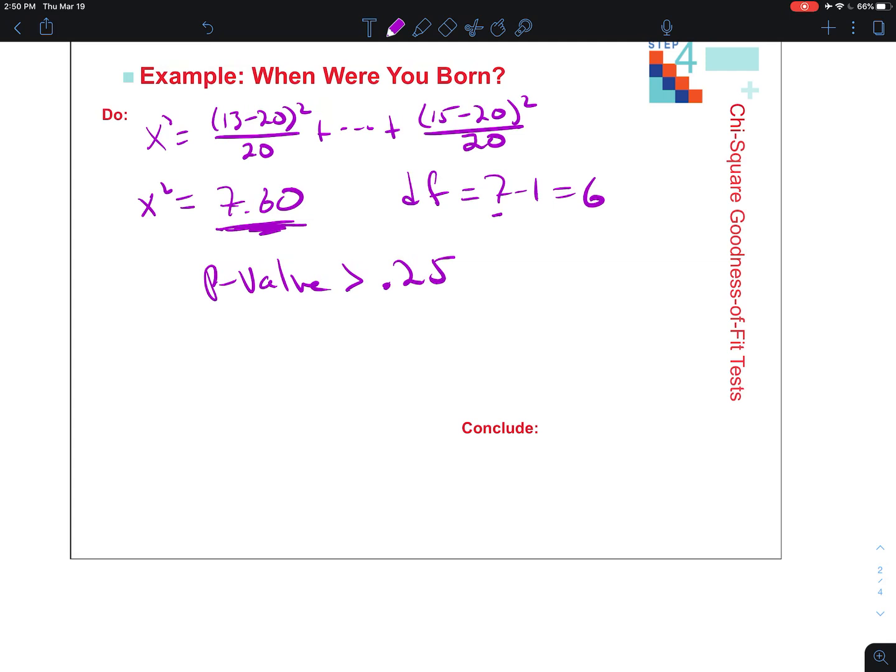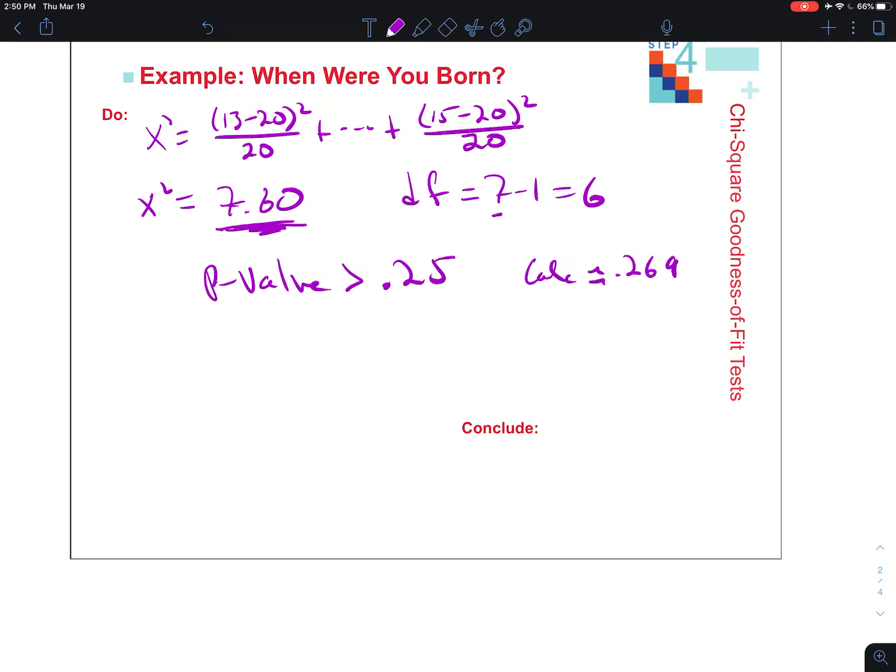If you were to use your calculator, you could either run the goodness of fit test if your calculator has it. A lot of calculators have chi-square CDF, so you could find the area where 7.6 was a minimum, and you pick some arbitrarily large maximum value for 6 degrees of freedom. And it turns out to be, from the calculator, about 0.269 as the p-value.